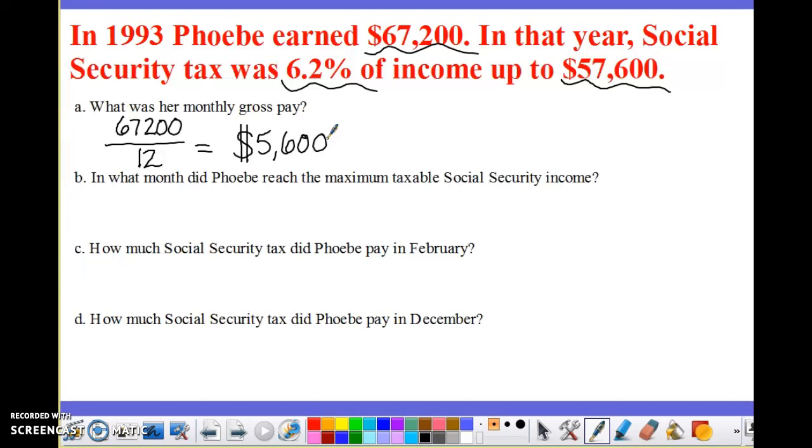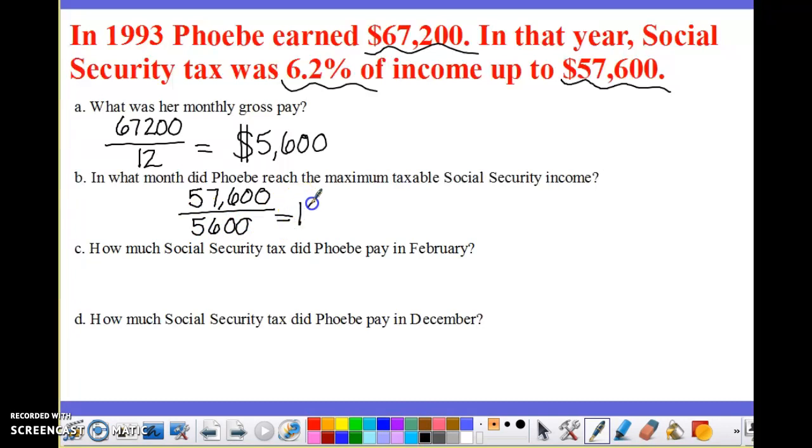We want to figure out at which month she reached that maximum. We take the maximum taxable income, $57,600, and divide by how much she gets paid monthly, $5,600.